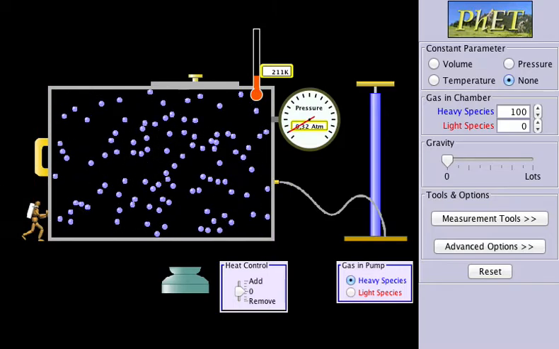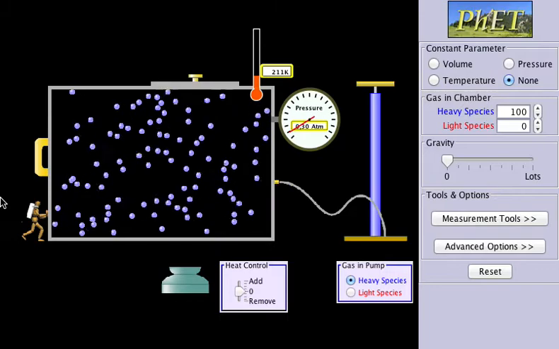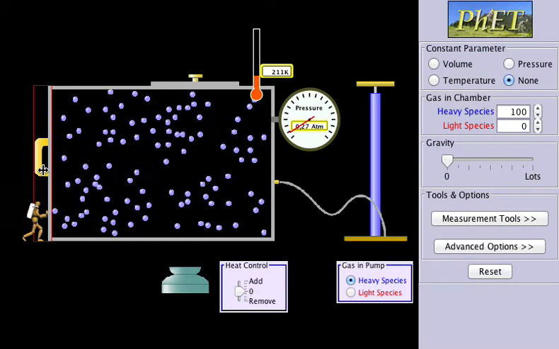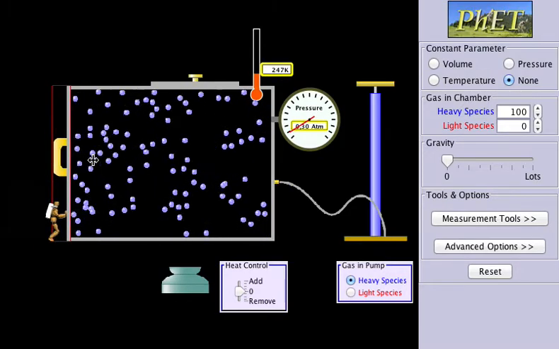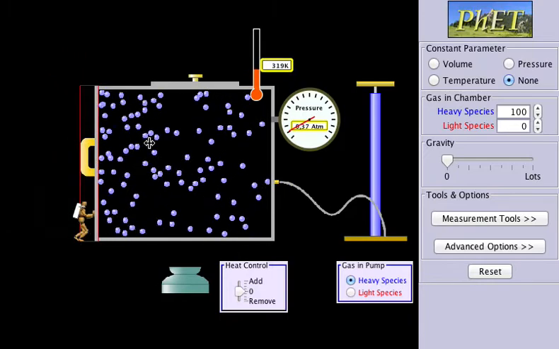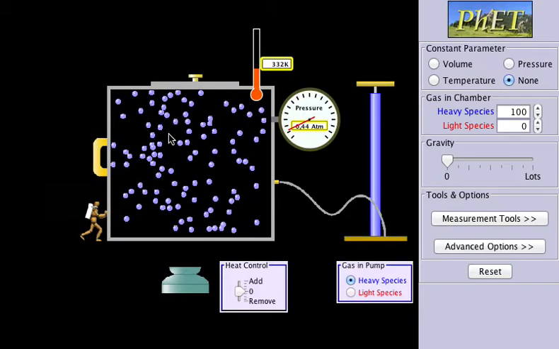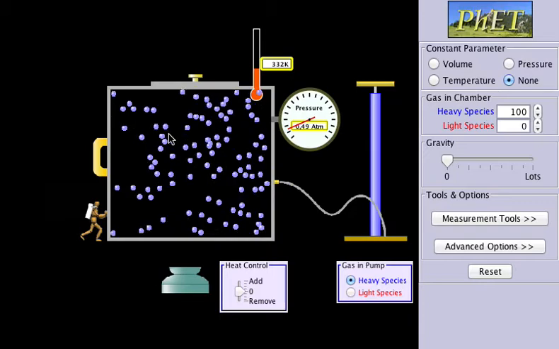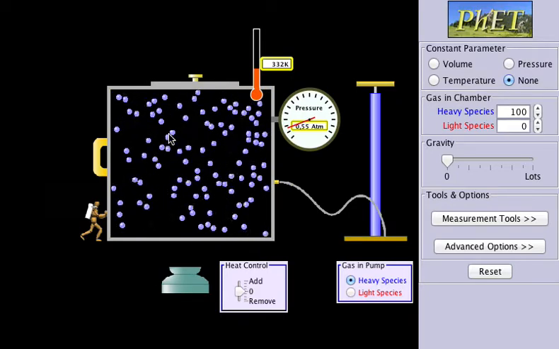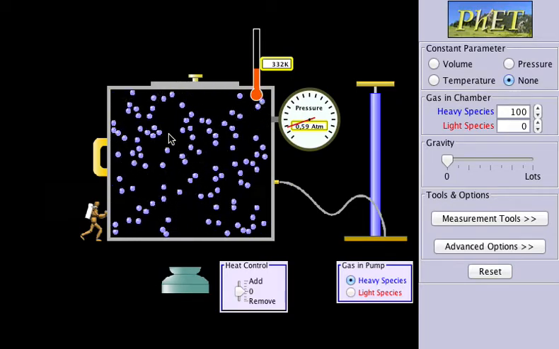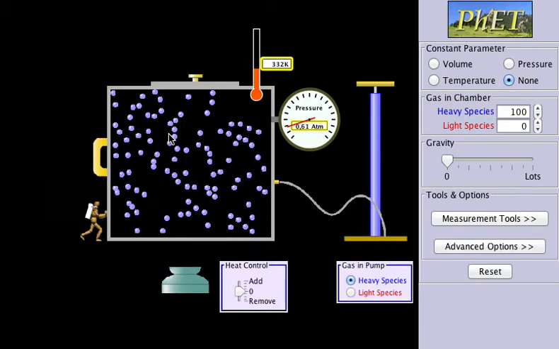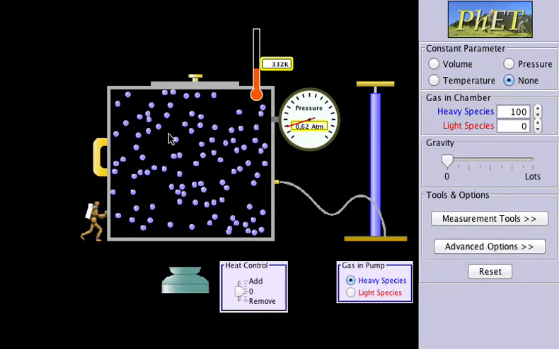When the work is performed by the surroundings, the volume is reduced and the energy increases. But for historical reasons, we say that work is positive when it is performed by the gas and negative when it is performed by the surroundings.